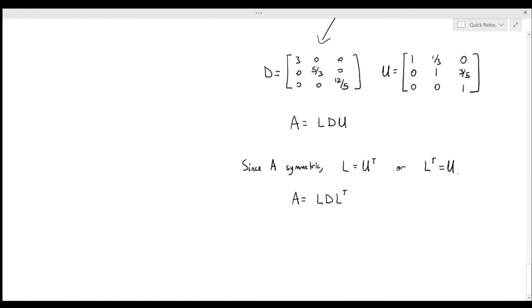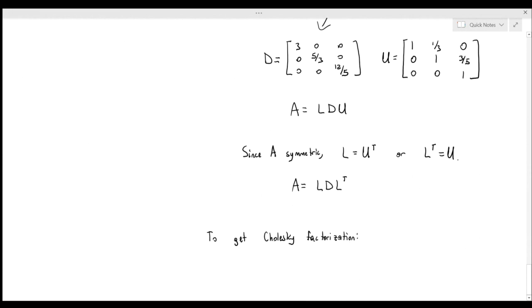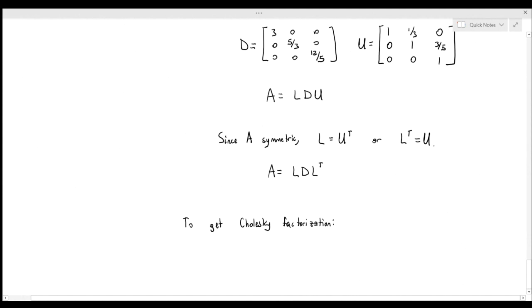So in order to get the Cholesky factorization, what we are going to do at this point is take the diagonal matrix D that we got earlier for the LDU or LDL transpose decomposition.